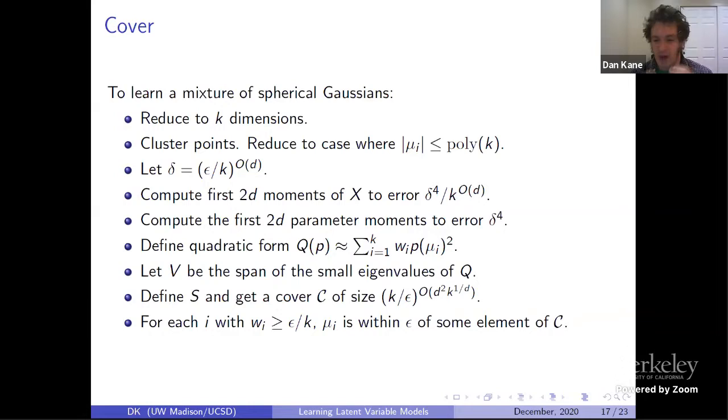And now we know we've got this explicit set of points such that for every i where the weight is at least, say, epsilon over k, mu_i is within epsilon of some element of this set.